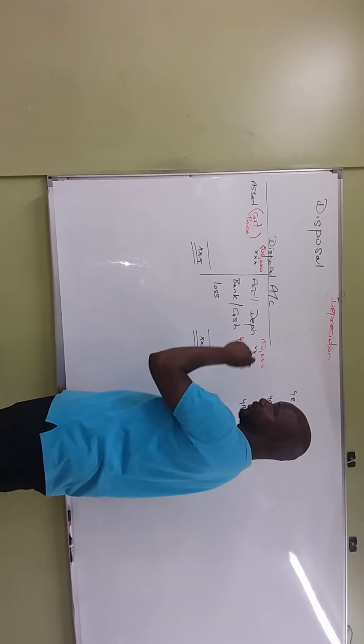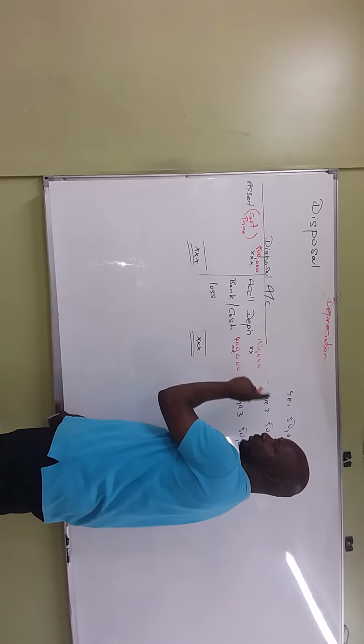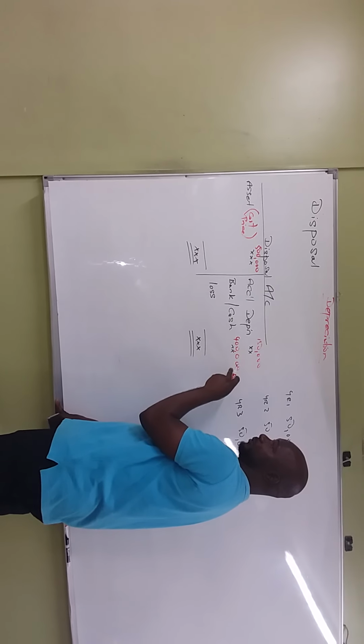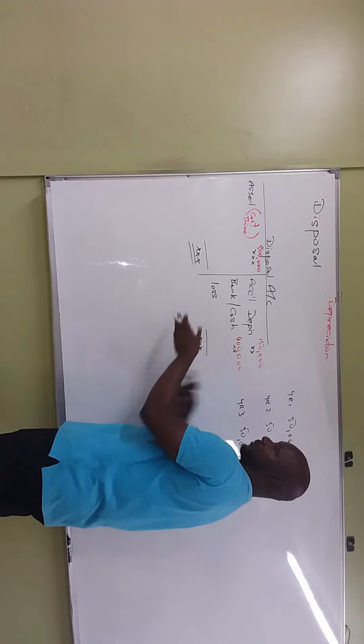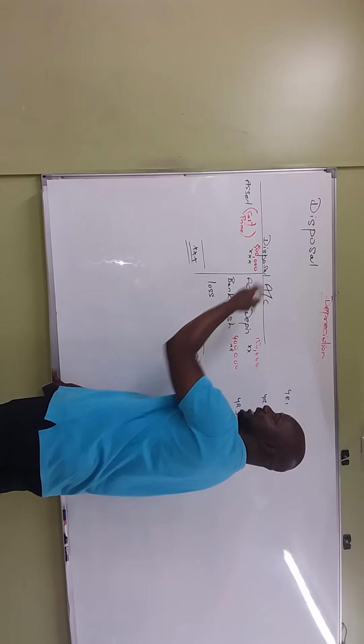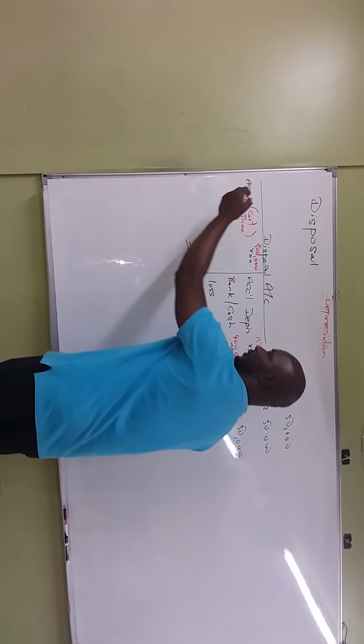The accumulated depreciation prior to selling that asset was 150, and you would have sold that asset for 400,000. In this case, the credit side is greater. So the 400 plus the 150 would have given you a total of 550 right here. Now when you look at the debit side, you realize that you only have 500,000. So the debit side is short.